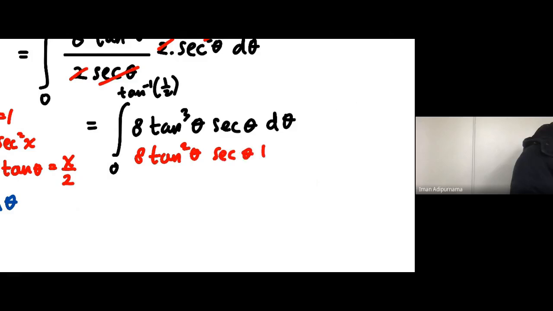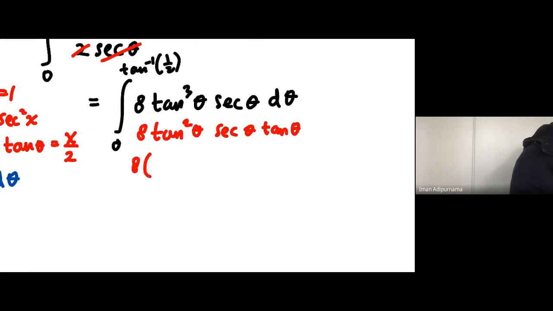You have secant. You can make it having tangent squared and then secant tangent. You can try some substitutions, and make sure the substitution will clearly remove the other elements. So maybe the best way is if you look at this, it will have the secant theta, tangent theta, right? The tangent squared we can exchange to secant squared theta minus 1.